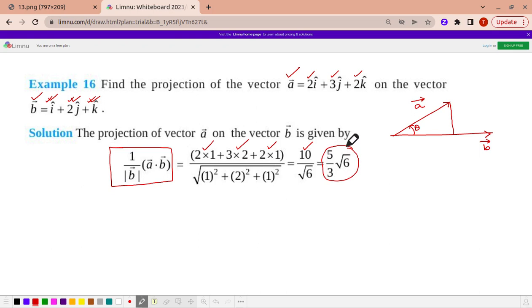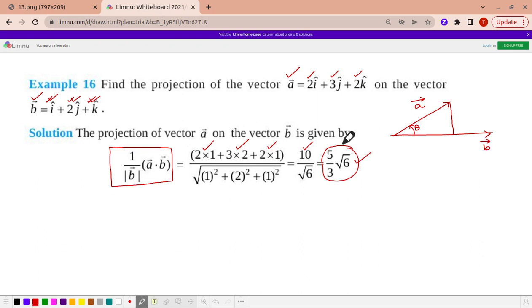So why I didn't write it as 10 by root 6? Because it is better to rationalize. Denominator irrational number is not a good thing, so we should rationalize. Hence we multiplied both numerator and denominator by square root of 6, and then simplified, we get 5 by 3 square root of 6. I hope you got this one very well.